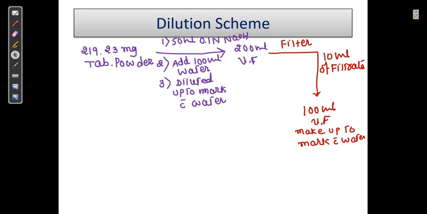Then further take 10 ml of this solution and add into a 100 ml volumetric flask, then dilute up to the mark with water.